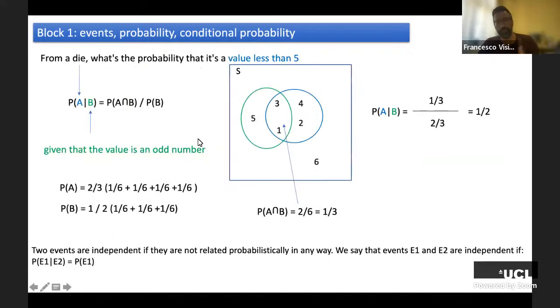So let's take another simple example to explain these things better. From a die, what's the probability that we obtain a value less than 5, given that the value is an odd number?